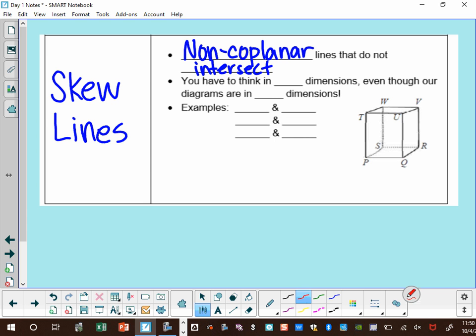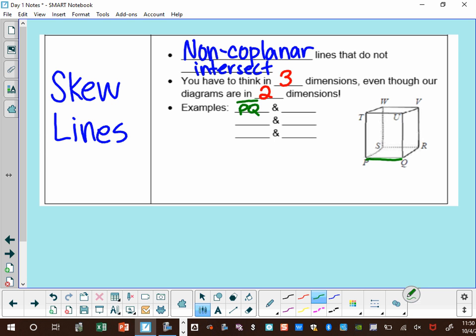For this figure here, you have to think in 3 dimensions, even though our diagrams will always be in 2 dimensions. What this means is, look at my tissue box. When they give us a figure, imagine that it's 3D. Okay, so here's the same kind of figure. Skew lines mean that, let's say I have PQ.